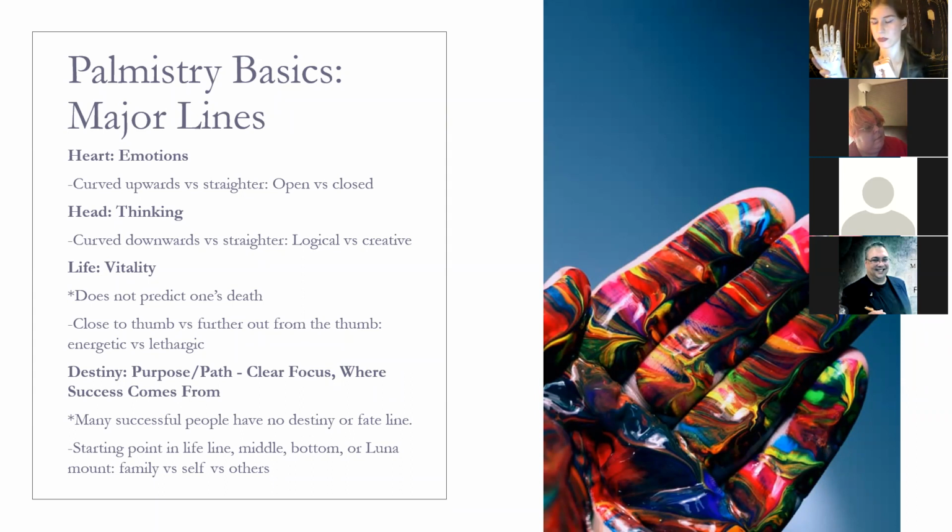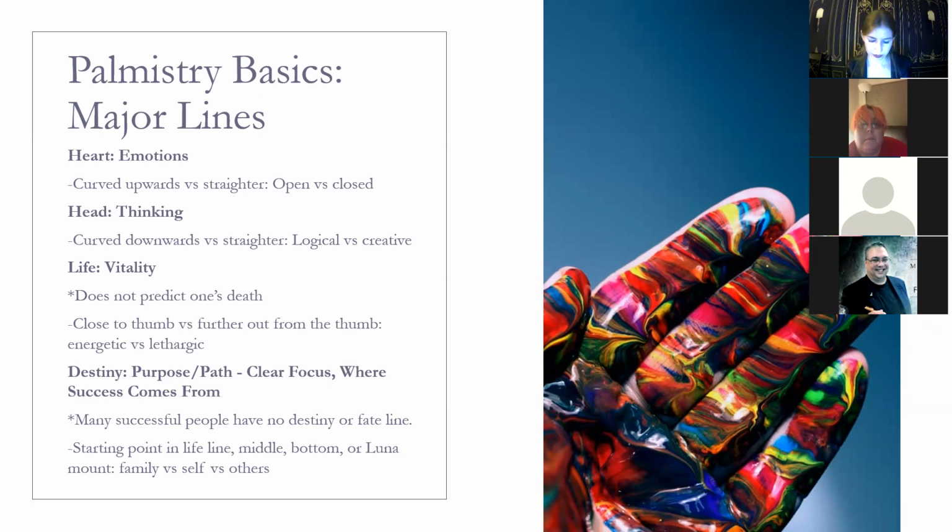We're going to have an example in a moment. But headlines that break off, kind of going more straight and going more curved, are called a writer's fork. Has a writer's fork because you can think both practically and creatively, which is something that you really need when you're going to write.